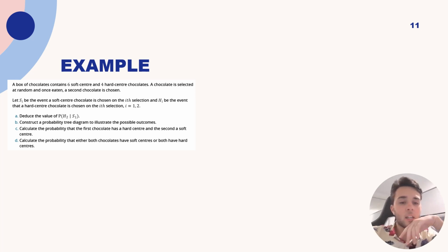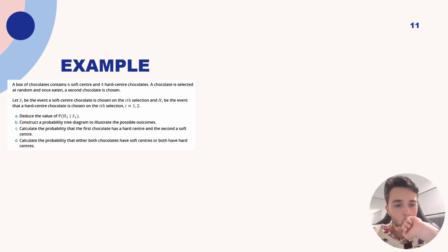This SI and HI part is meant to confuse you, but pretty much what that's saying is that whatever number is in little script next to it is the draw. So what part A is asking you is to deduce the probability of getting a hard second given the soft one first, which would be H2 intersect S1 divided by S1.